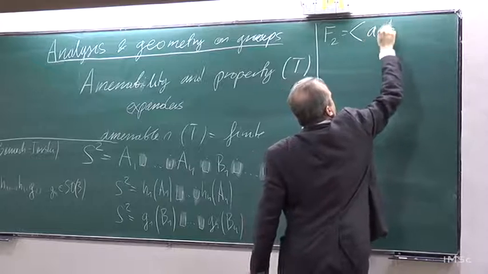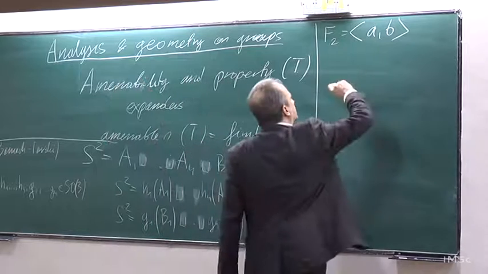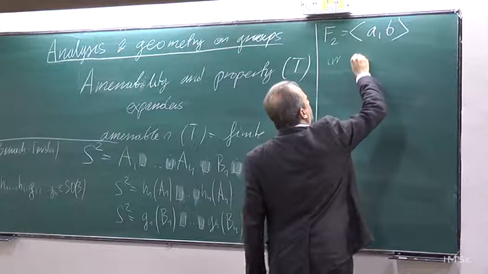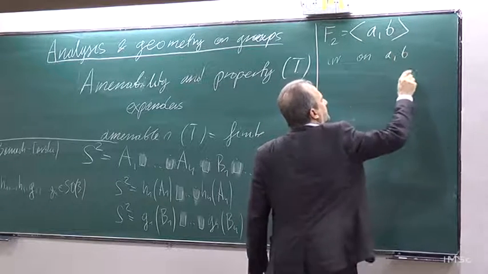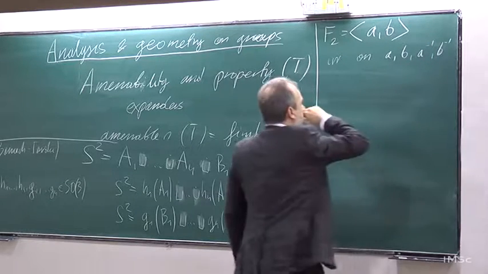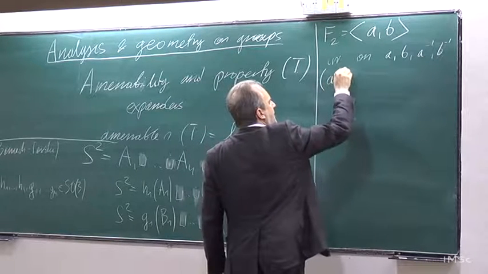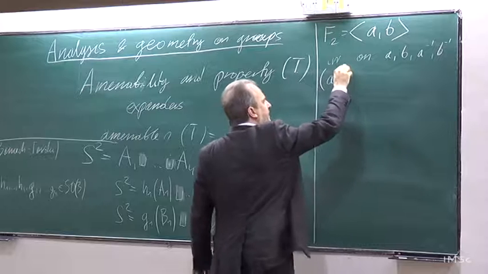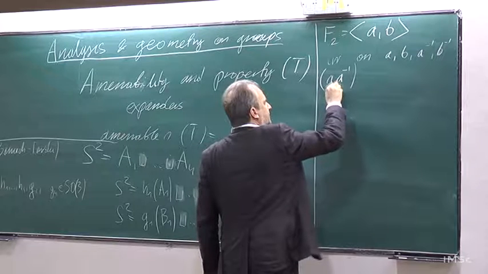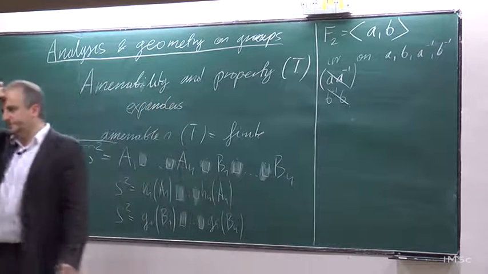The elements of this group are freely irreducible words on the letters A and B and the inverses. Freely irreducible means that you cannot have a letter followed by its inverse. So A inverse A, and also B inverse B, these are forbidden subwords.